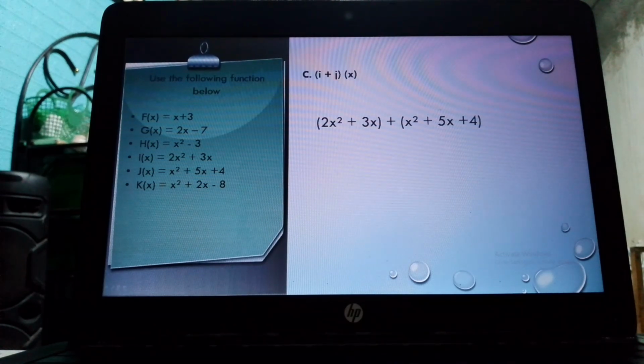For addition or subtraction, we just combine like terms. So 2x squared plus x squared is equal to, very good, 3x squared. Then next is 3x plus 5x is equal to, very good, positive 8x.